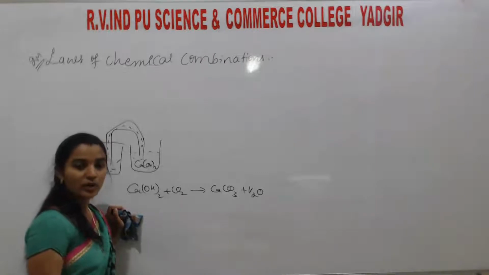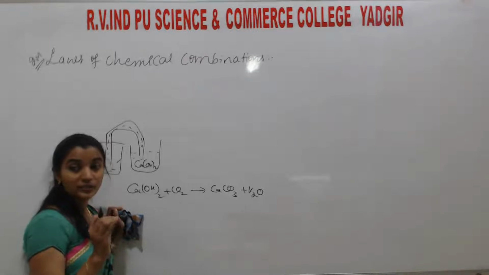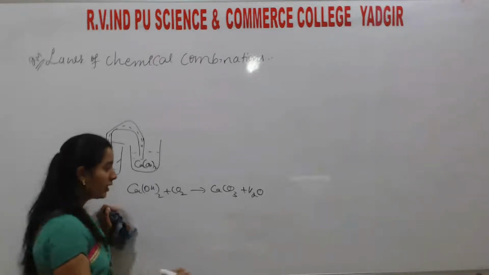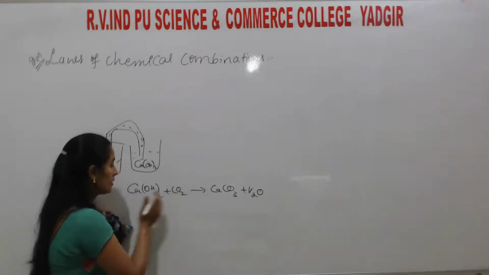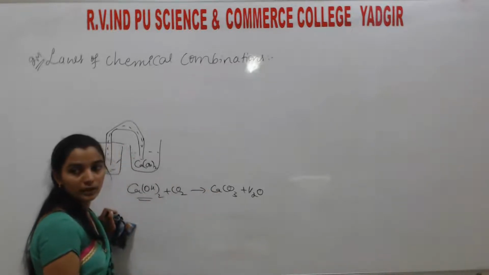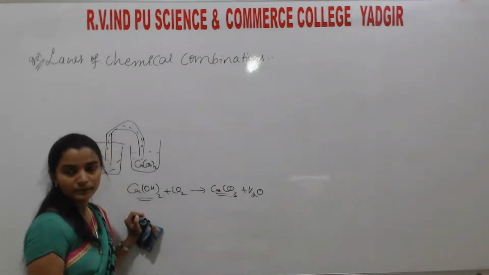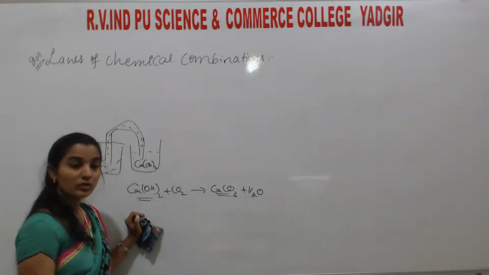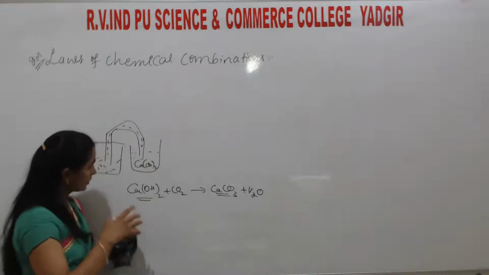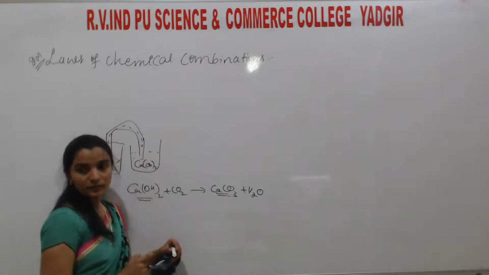You know that, you already did it in the 10th standard: the test for carbonate ion. If CO2 is released, the lime water turns milky white, which is the formation of CaCO3. That is how we synthesize it in the laboratory.